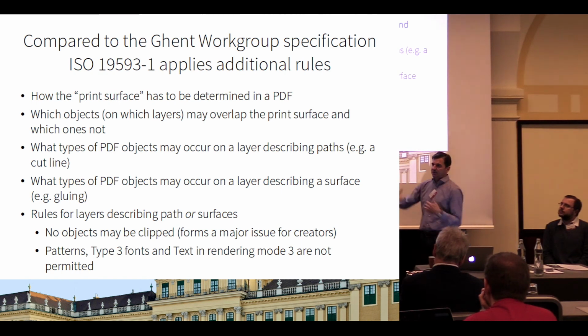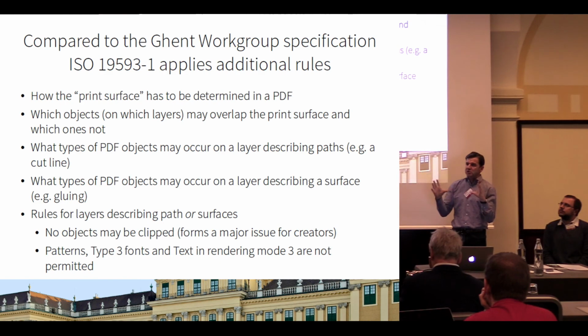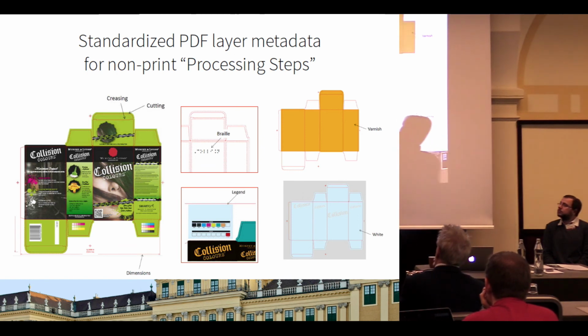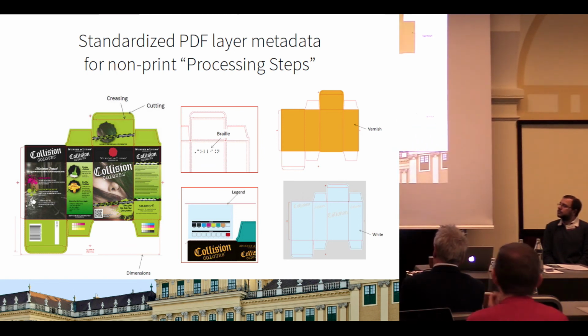In the ISO standard, there is a definition of what actually is a print surface. So which area of a PDF file is the actual print surface. We are humans, so we all understand this.